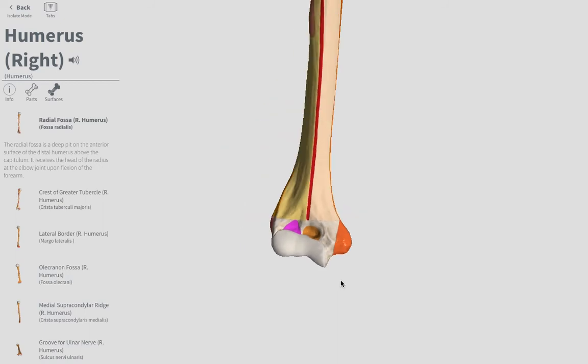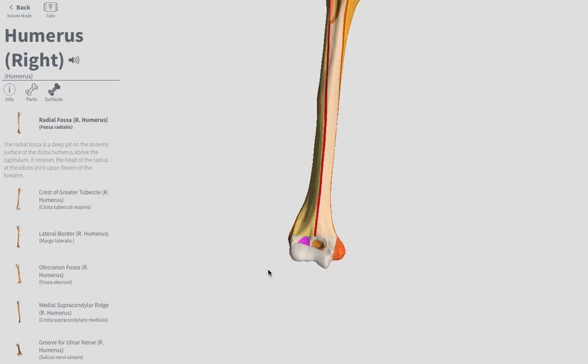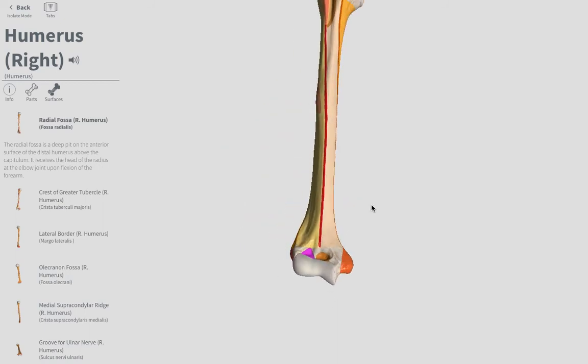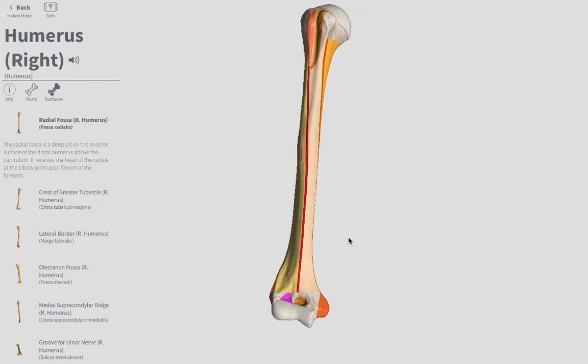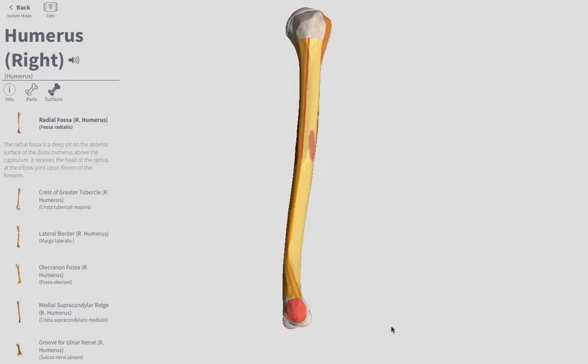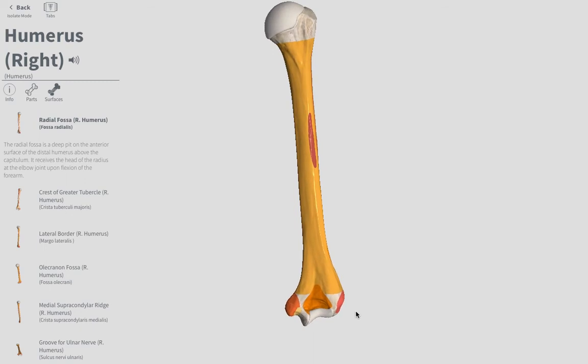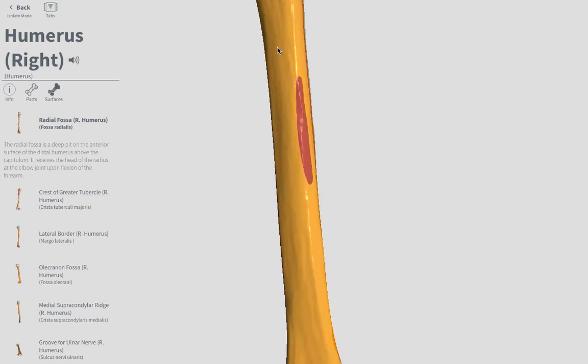The last term for the humerus is a little difficult to identify sometimes on real bones. But to give you a sense of where to begin looking, it is on the shaft, and it is a posterior lateral groove. So let's go posterior on the shaft and lateral. And you can see this raised groove along the bone, and you can definitely feel it on a real bone.